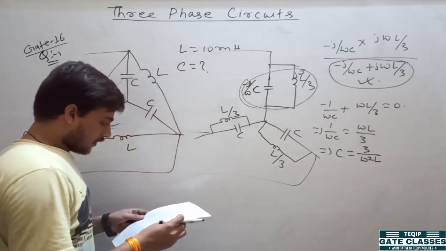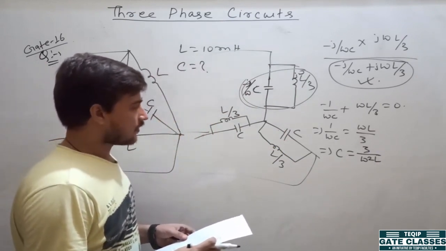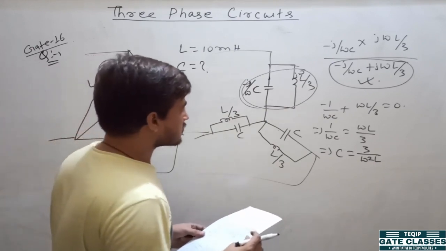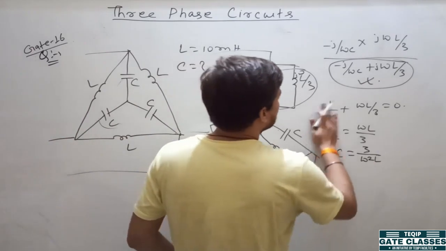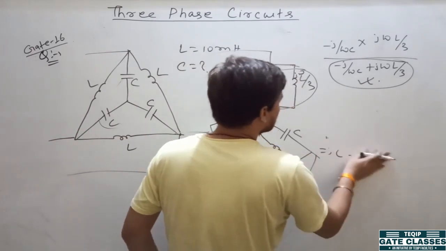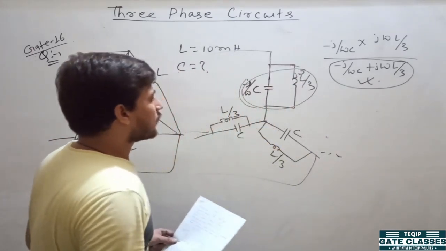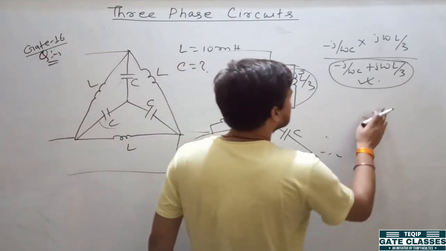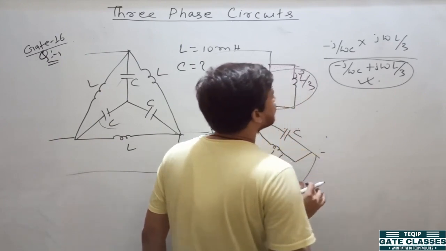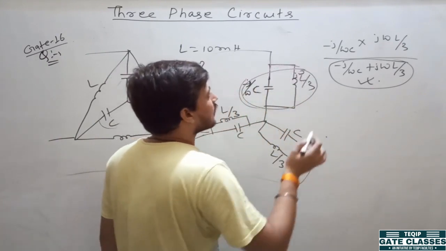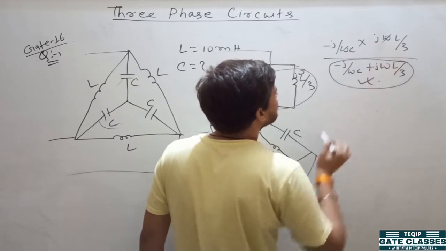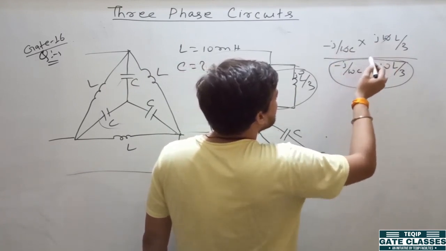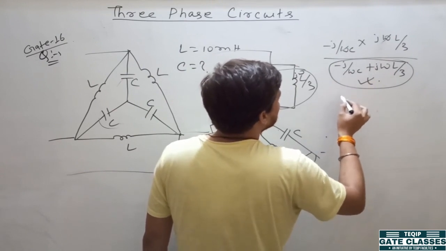Actually here omega will also be cancelled out in this system. Solve it again. Suppose here it is minus j by omega C and here it is j omega L by 3. So at the numerator the omega term is cancelled, j will also become 1, and the numerator is L by 3C.